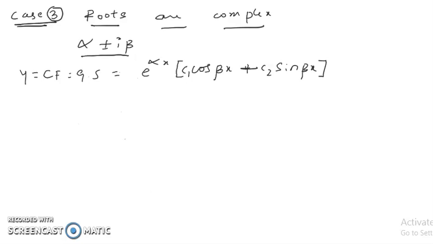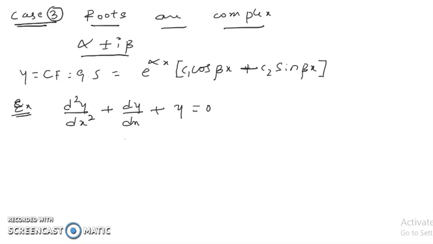This is how we are going to write its complementary function. Let me consider an example for this one. Say for example, d square y by dx square plus dy by dx plus y is equal to 0.